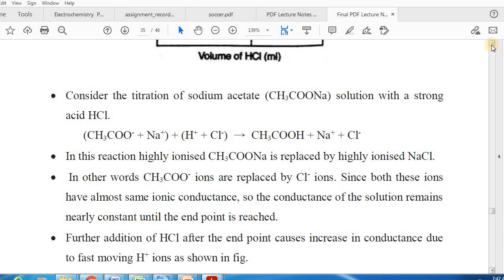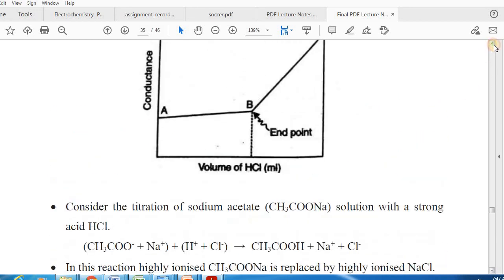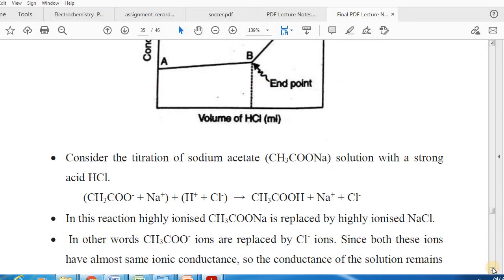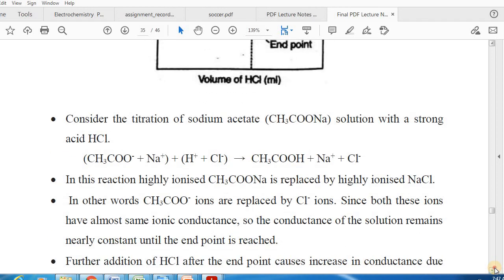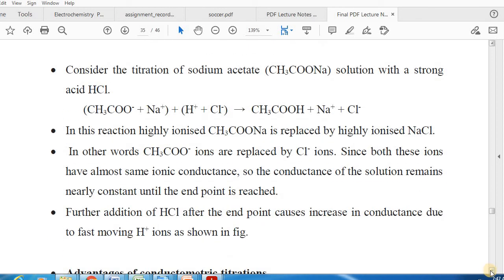As we can see in the figure, conductance is almost constant until the end point is reached, the reason being the conductance of acetate ion and chloride ion is almost the same. Further addition of HCl after the end point causes an increase in conductance due to fast moving free H+ ions present in the solution.